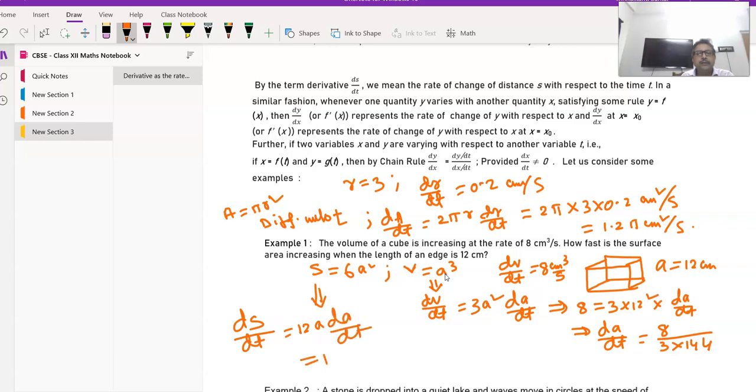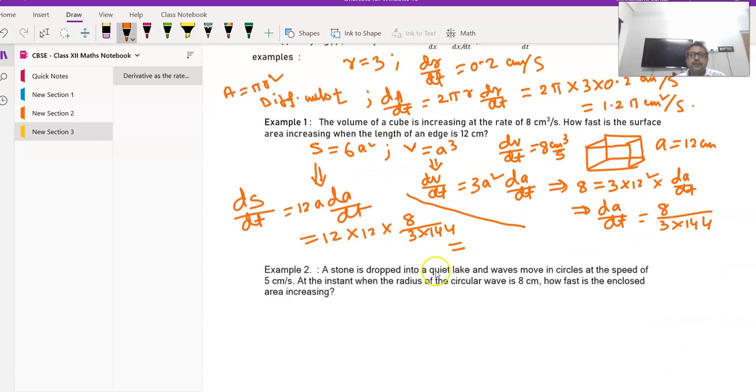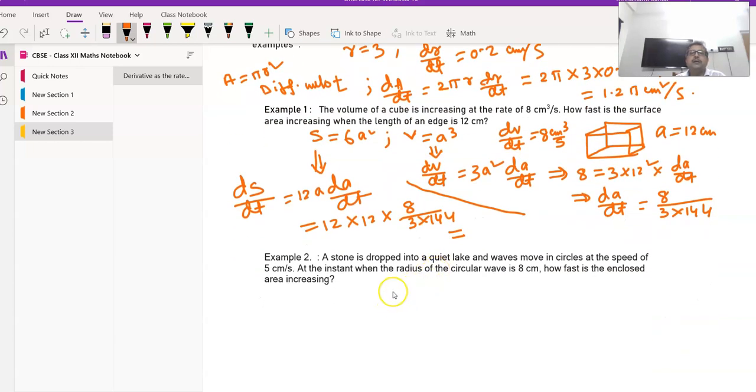If we substitute the value of a over there, that is 12, and da by dt, 8 by 3 into 144, then you get the answer. Okay. So dA by dt can be determined if we know dV by dt and the length of the side at that instant. Now we are going to solve this one.